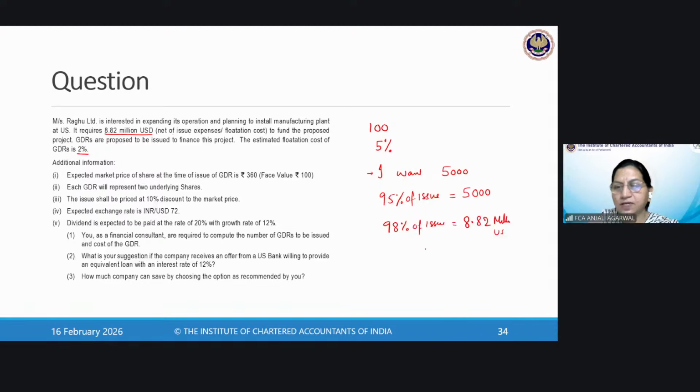So your issue size should be 8.82 divided by 98% or 0.98, which means your issue size has to be 9 million USD.